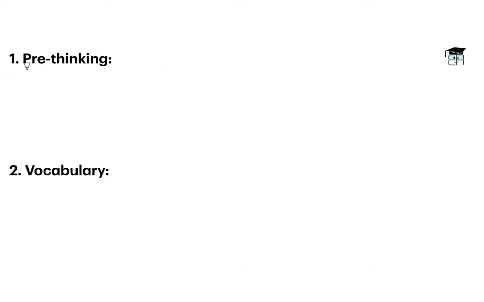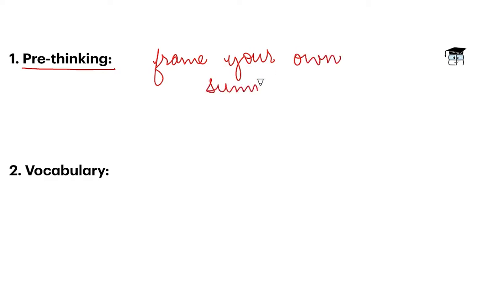Alright, the first trick is pre-thinking. Now, before you jump on the options listed in your question, try to frame your own summary. Okay. When you're reading the paragraph, your vision should be clear as to what should be present in your summary and what should be discarded.